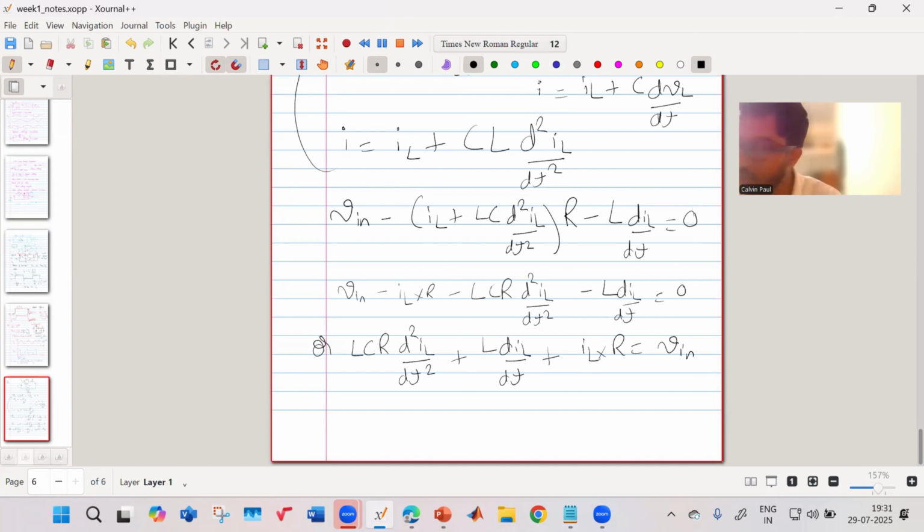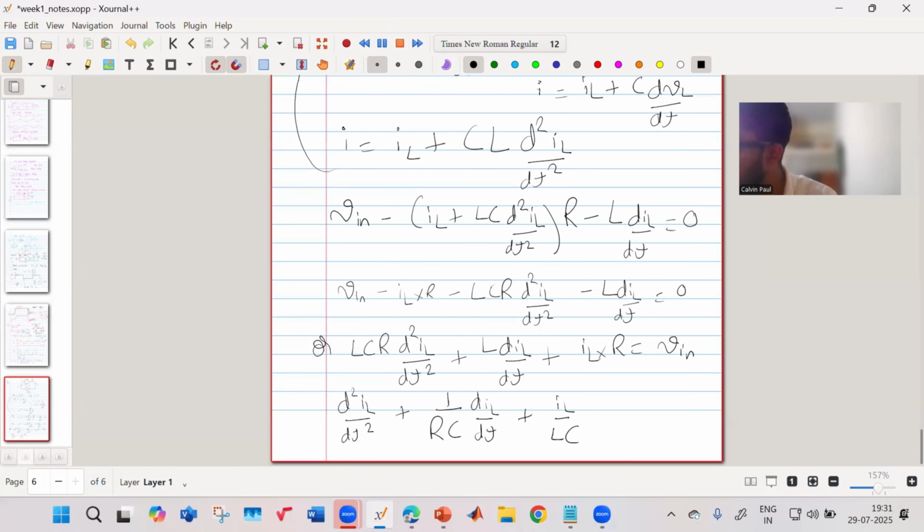So we make it equal to d2IL by dt2 plus 1 upon RC dIL by dt plus IL upon LC is equal to Vin upon RLC. This is the expression. Any doubts in this till now?